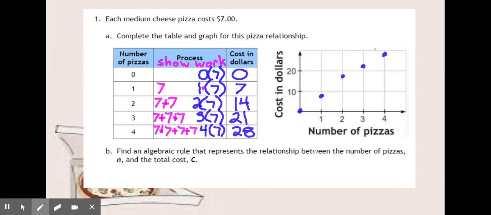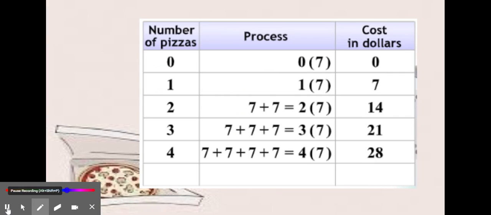But we still haven't found that algebraic rule that we're going to use. However, we have all the information that we need to start looking for patterns to find that rule. Notice here is our table, but it's typed much prettier than I wrote it.